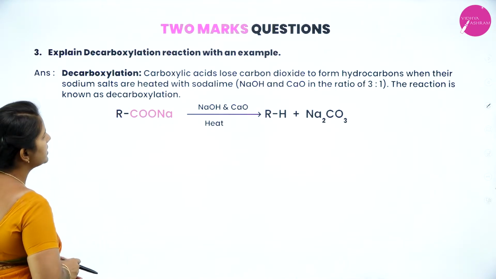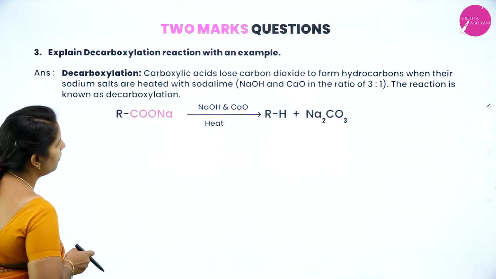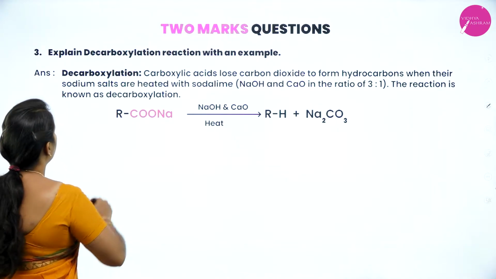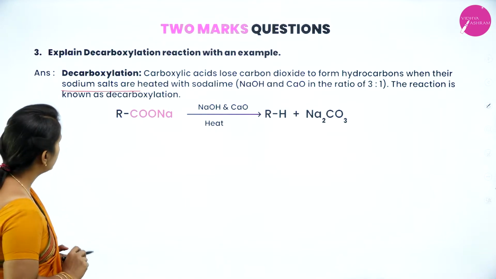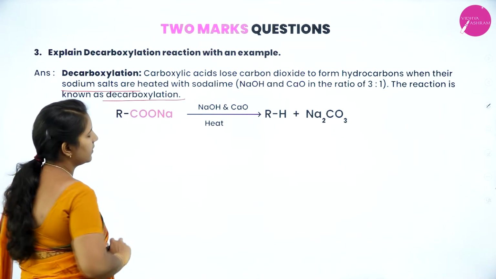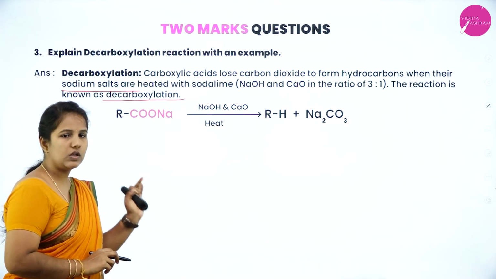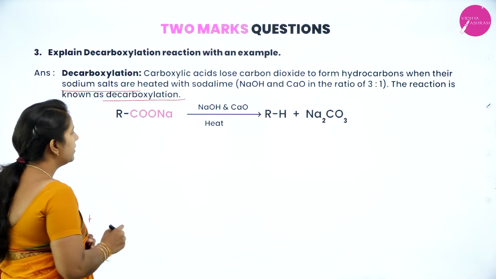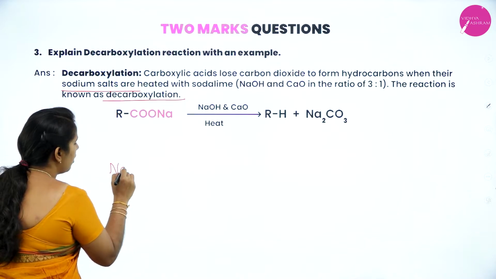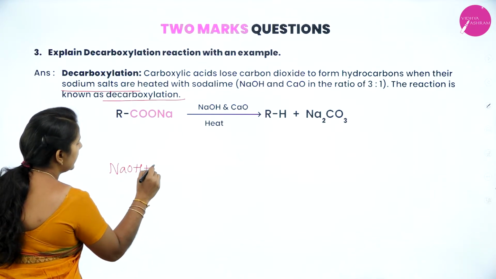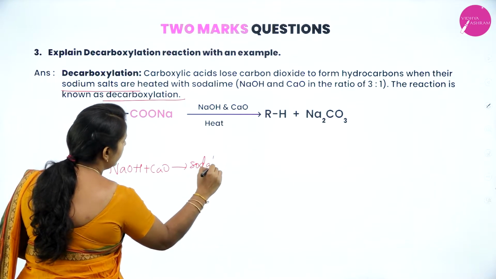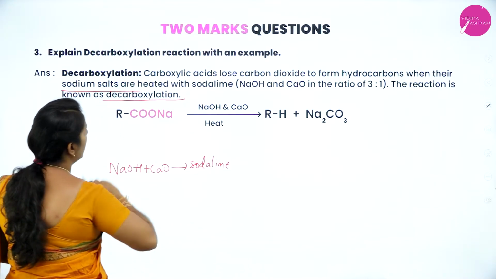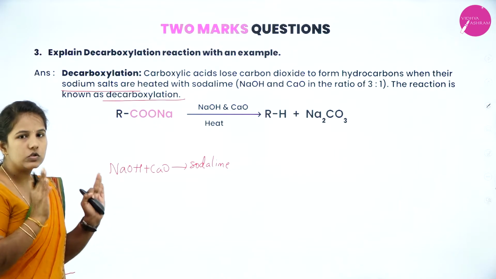So carboxylic acid will lose carbon dioxide to form a hydrocarbon when the sodium salts are heated with soda lime, and the reaction is called as what? Decarboxylation. In your first PUC also you have learned the same reaction. Remember, soda lime is nothing but a mixture of sodium hydroxide plus calcium oxide. So how are we going to write the sodium salts?